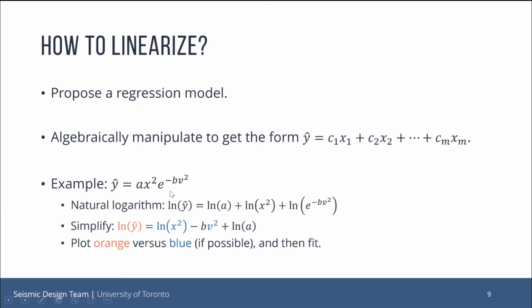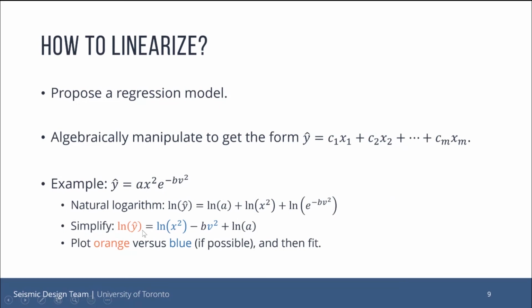And to do that, we're lucky in this case because we can simply apply the natural logarithm to both sides. And based on what the logarithm does, if you have a product of terms, applying the natural logarithm to that separates each term out into a sum as follows.